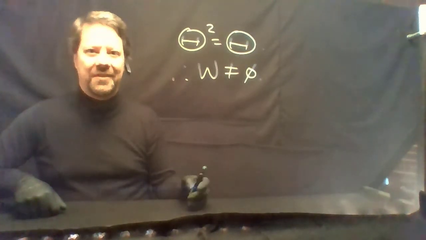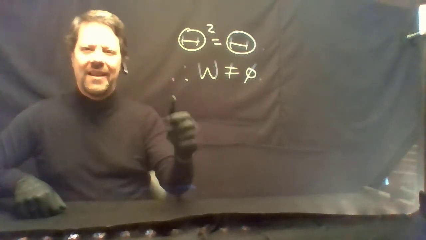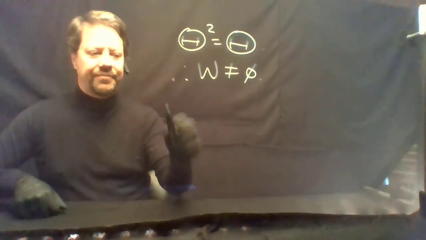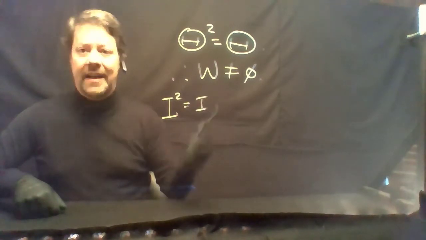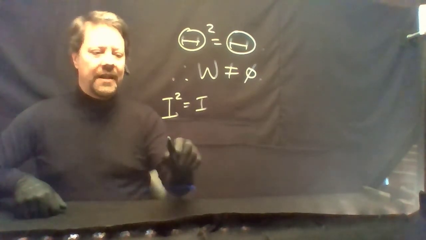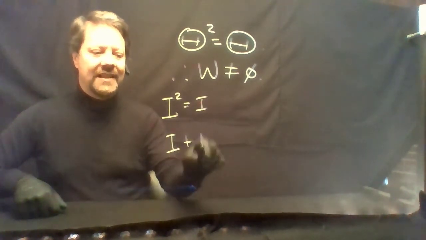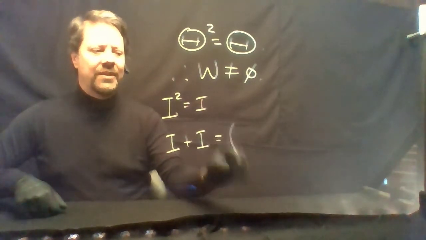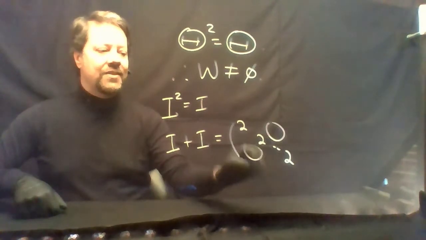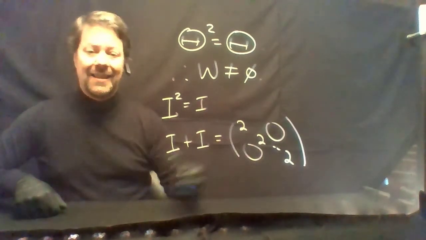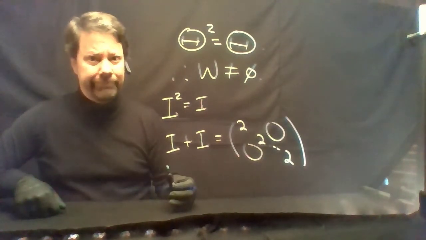Always a good thing to check first. Now, is it closed under addition? The identity matrix is idempotent, but if you add the identity matrix to the identity matrix, what do you get? Something with 2's down the diagonal and 0's everywhere else. Is that idempotent?